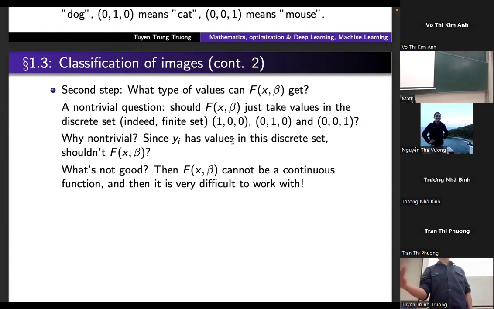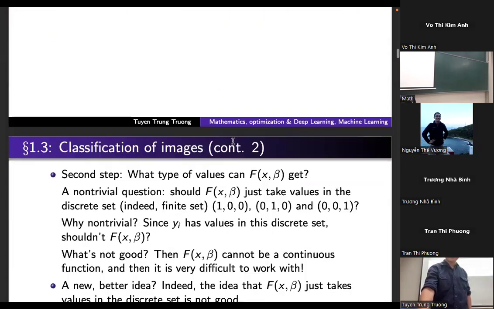For example, you cannot take derivatives, and many algorithms like gradient descent need the function to be C1, or at least you can take derivatives somehow.